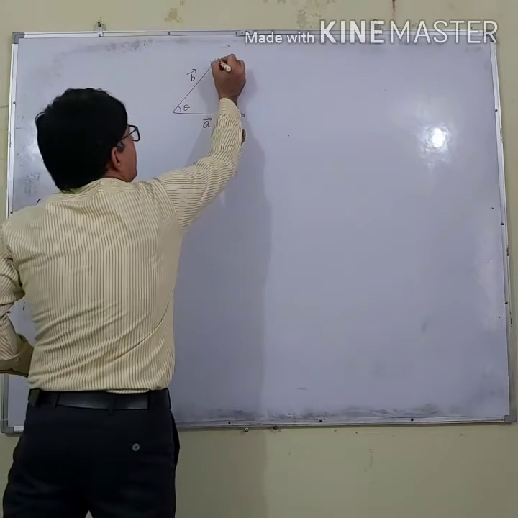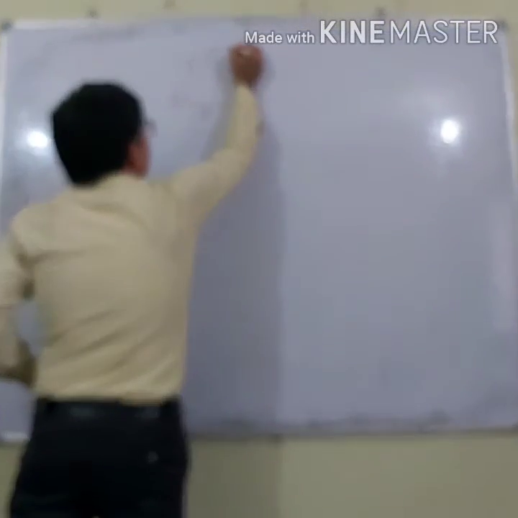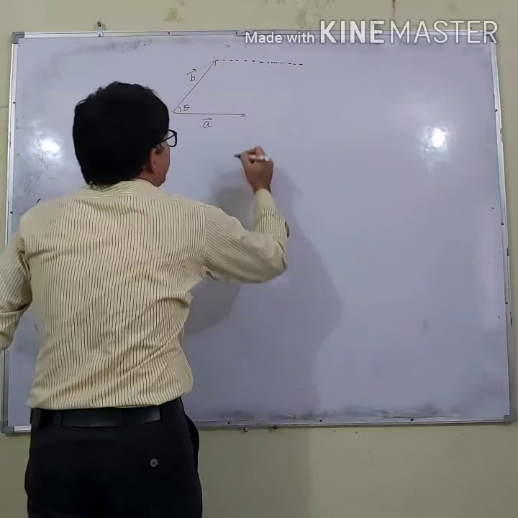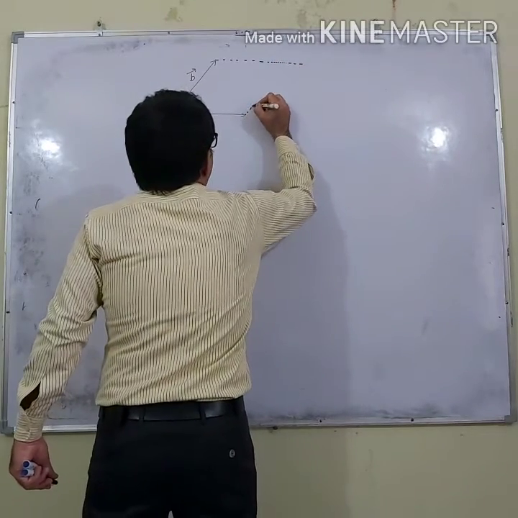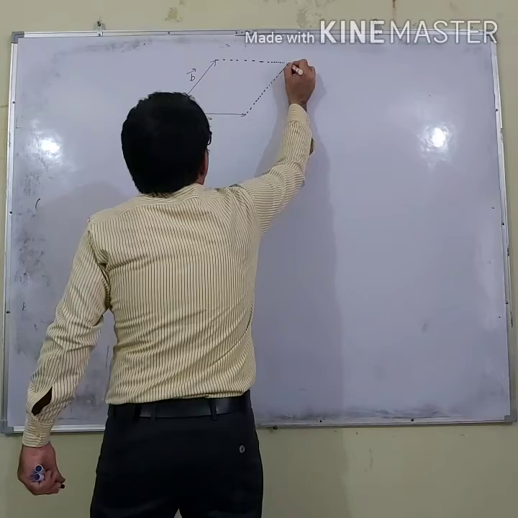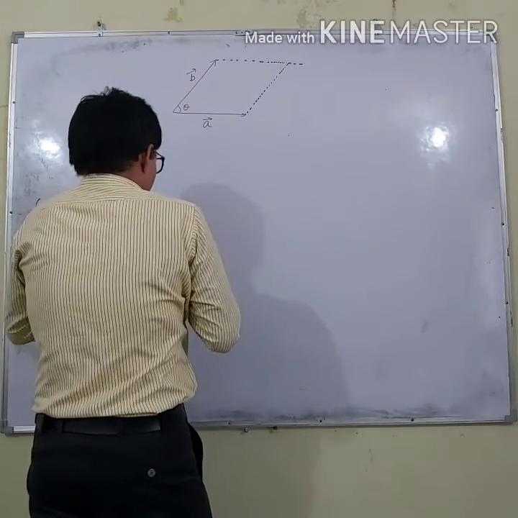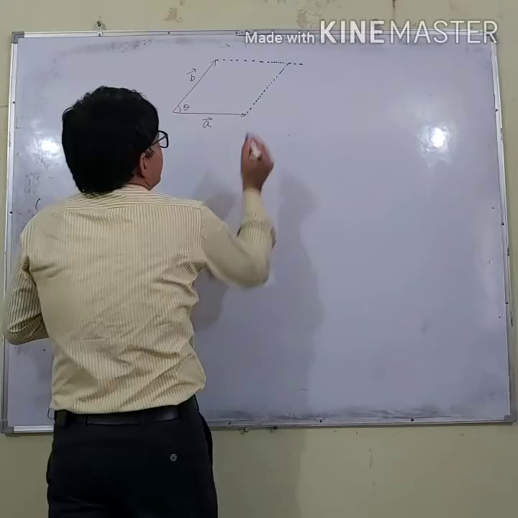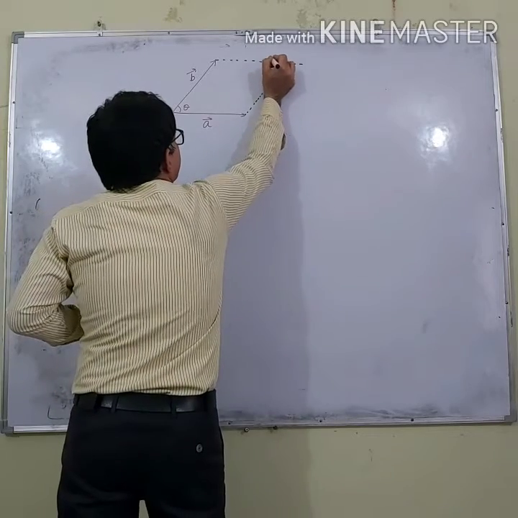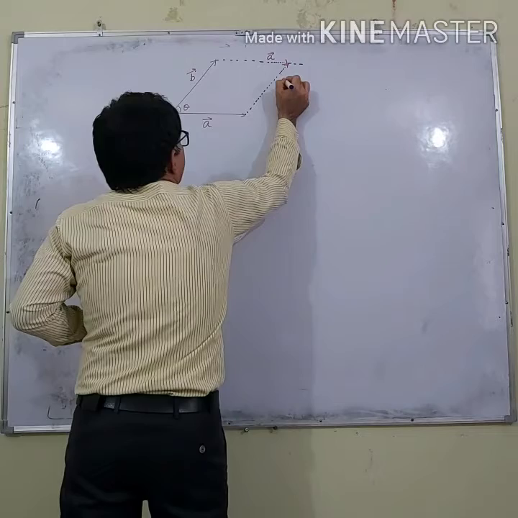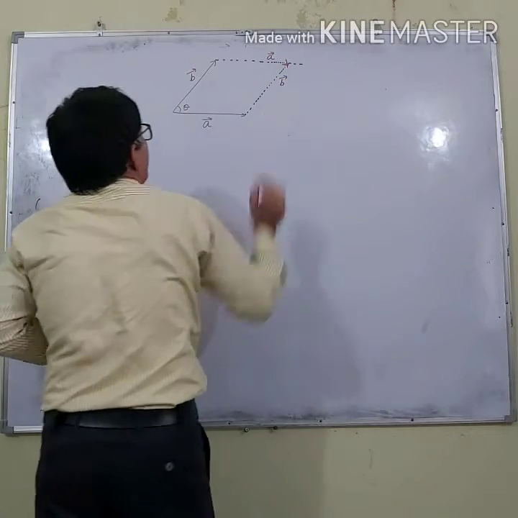Draw a line parallel to vector A, and a line parallel to vector B. If I attach the direction, this will become vector A, and this dotted one will become vector B.